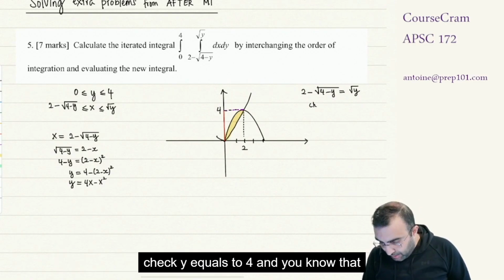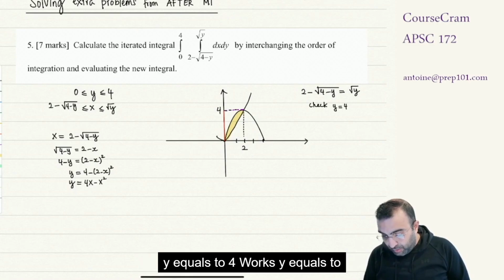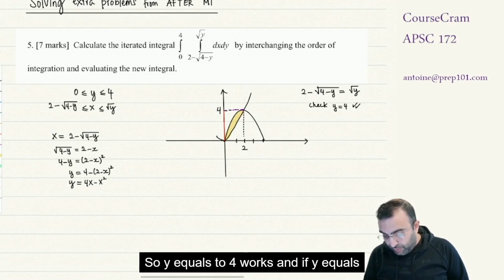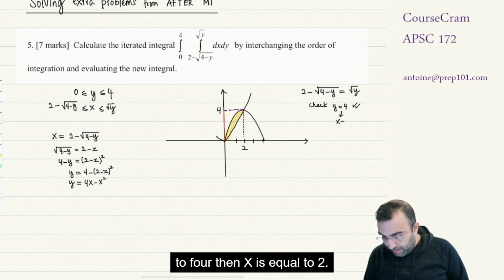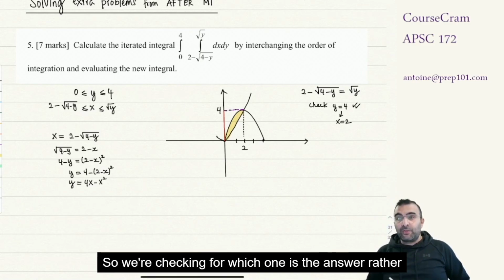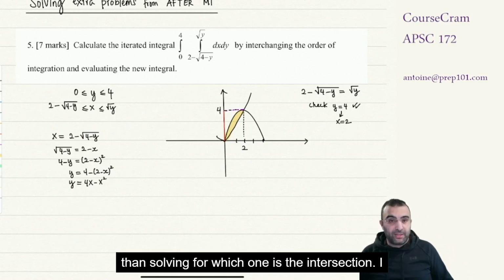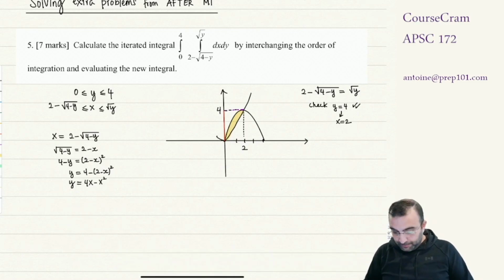You can check y equals 4, and you know that y equals 4 works. Y equals 4 here gives you 2, and y equals 4 here gives 2. So y equals 4 works, and then x is equal to 2. So we're checking which one is the answer rather than solving for the intersection.